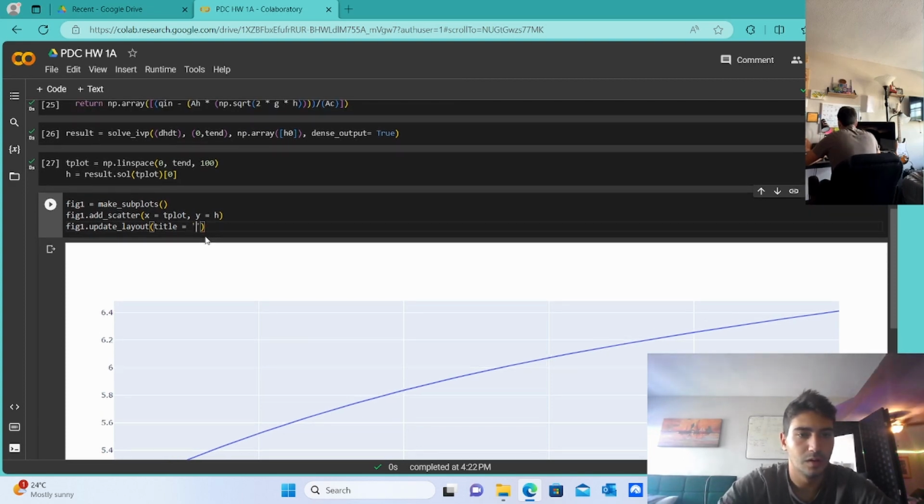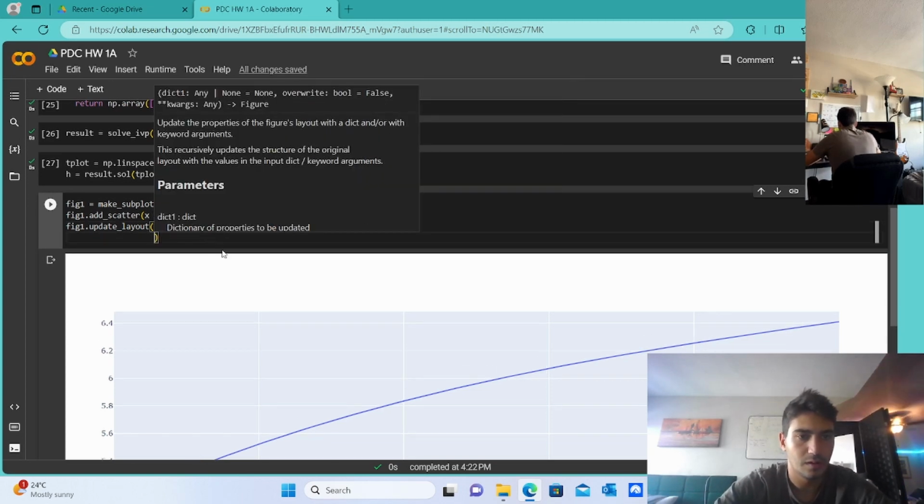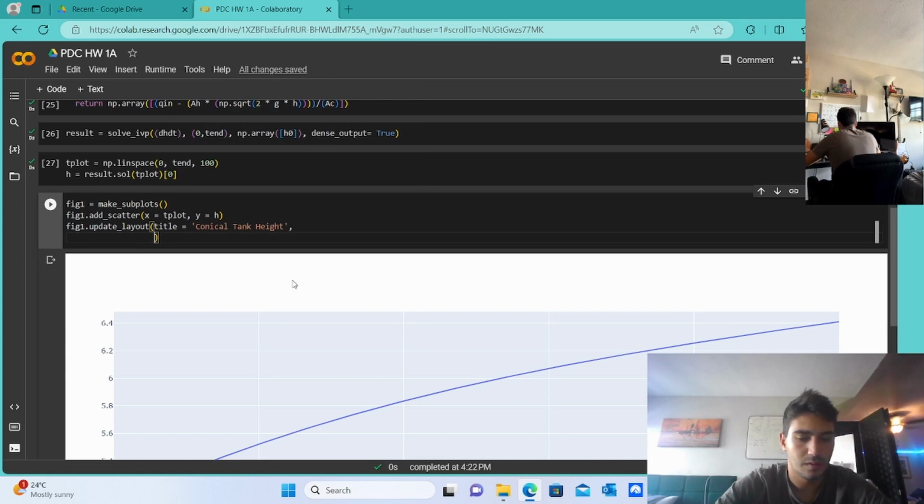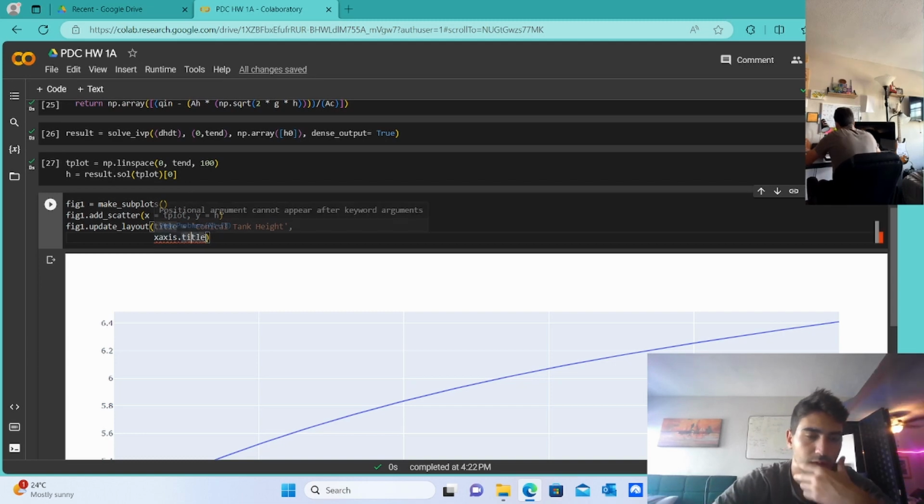With title, conical tank height. Then we're going to have x-axis title. So it goes all the way up.